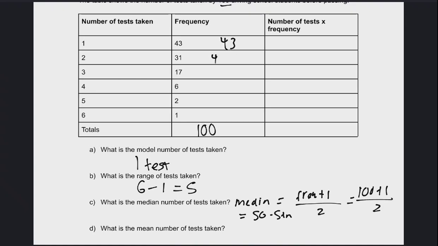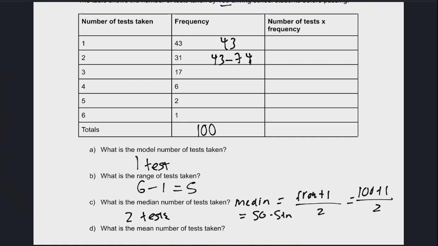Then from 43 to 74 people, they took 2 tests. So already we found where that 50.5 value lies. It lies between 43 and 74. To work out that 74, I just did 43 plus 31. And so that already tells us that our median number of tests is 2 tests.